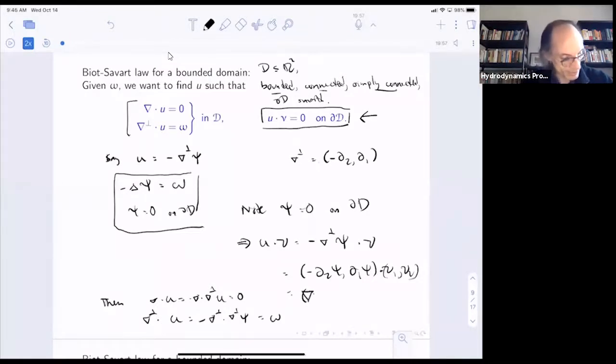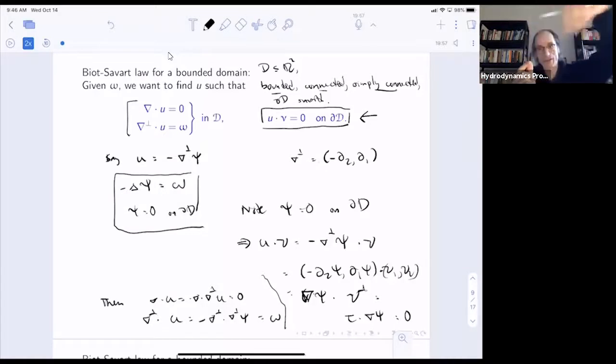So I can see this is grad psi dot nu perp. The point is that if I take the unit normal and rotate by 90 degrees, this is the tangential derivative of psi, which is 0 because psi is constant on the boundary. As I move along the boundary, it doesn't change. So this boundary condition for psi will arrange the proper boundary condition for u.